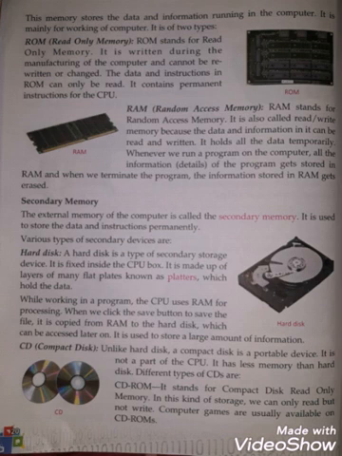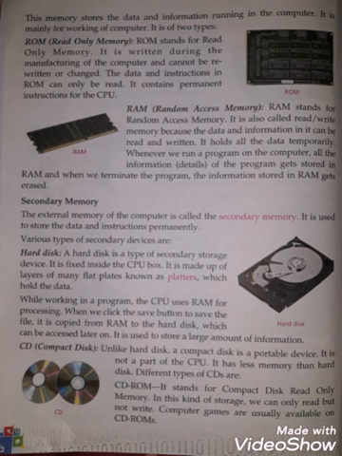So all the instructions that are stored to run the computer itself are stored on the ROM, and these instructions are permanently stored in the CPU. You cannot change it. You can read it, but you cannot make any change to it. So that is ROM. Next one is RAM.